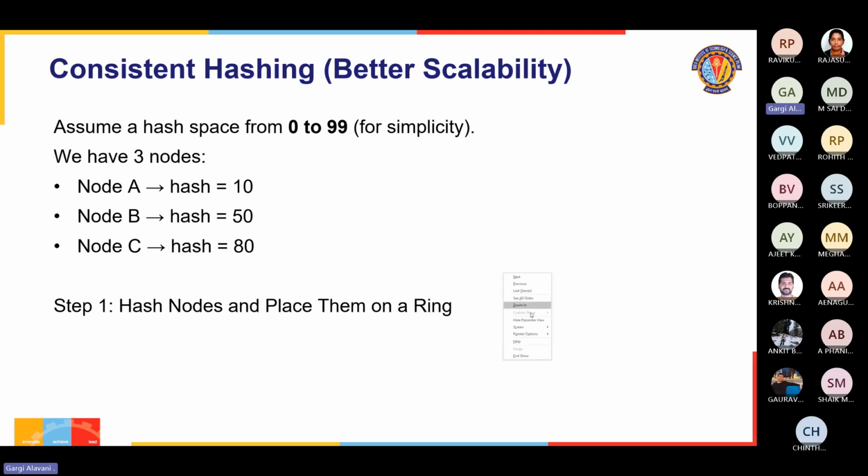So how will this ring look? It might look like this. A is here, its hash is 10. Next is B, its hash is 50.